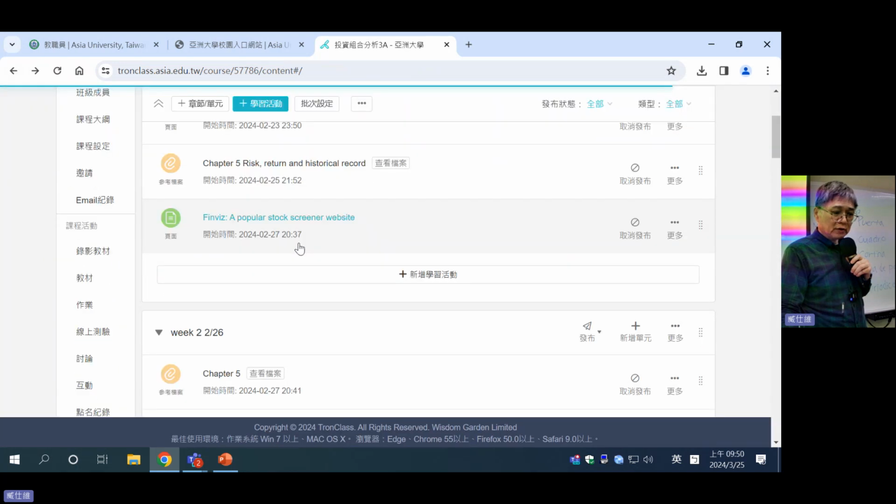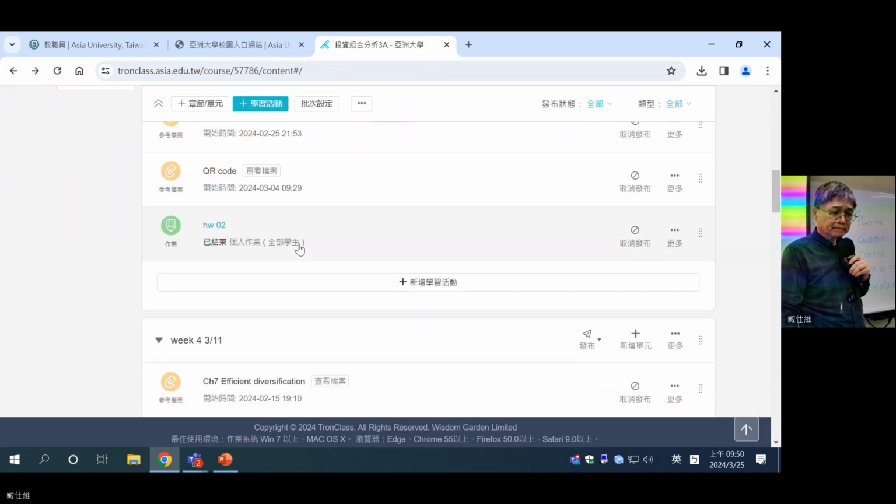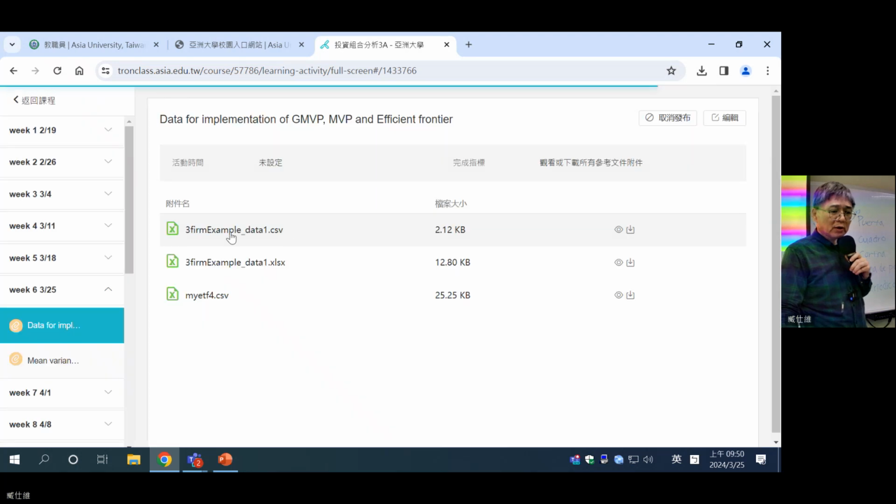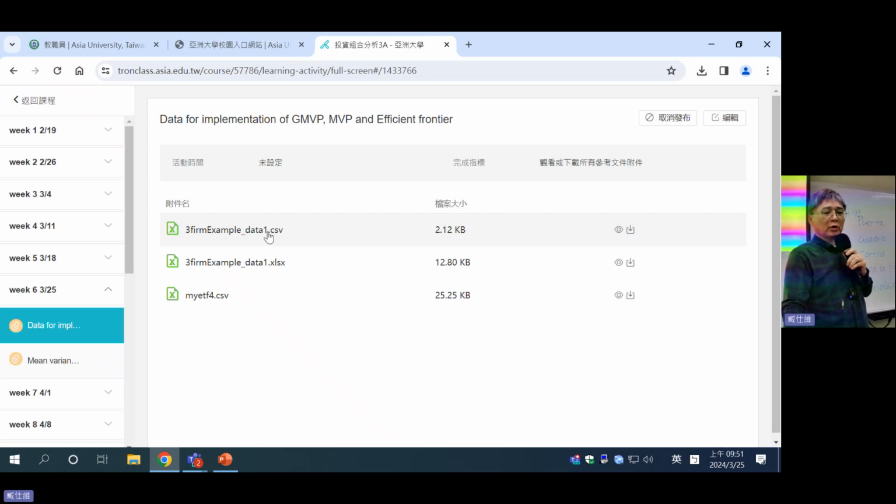Here we have the data for implementation of GMVP, MVP, and the efficient frontier. So I'm using the Fern example data 1. Maybe you can try to download this data and implement the examples we mentioned in lecture.